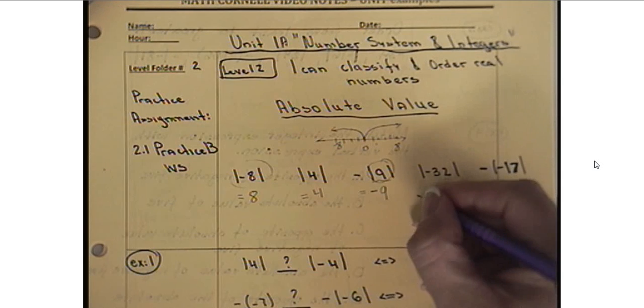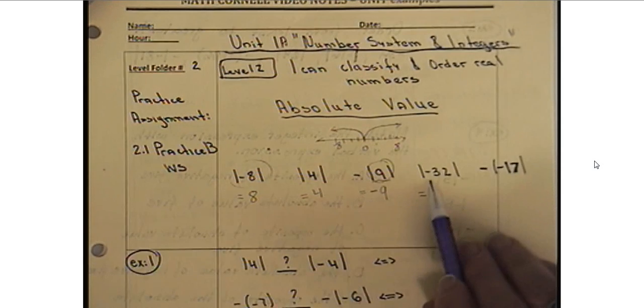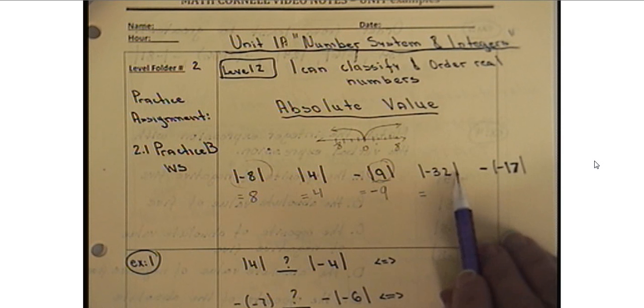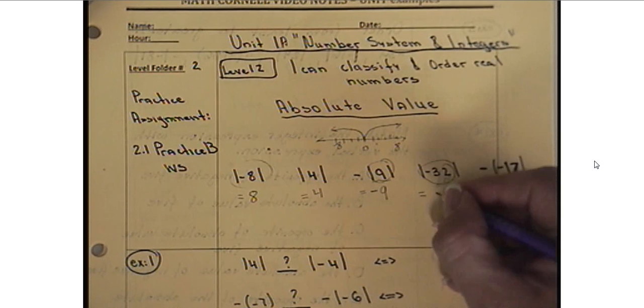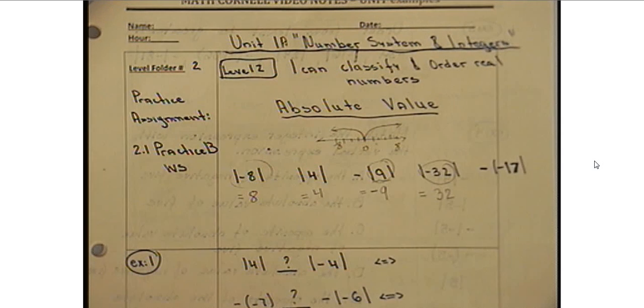There is another example when we have absolute value of -32. The negative sign is inside the absolute value symbol, which means this whole thing will be a positive number, equals 32.